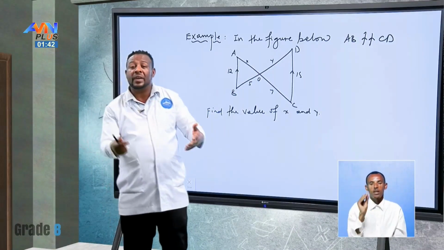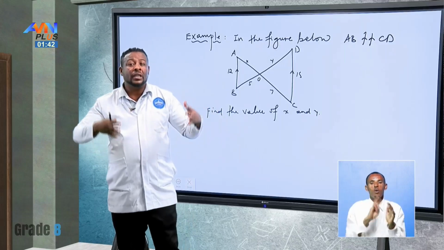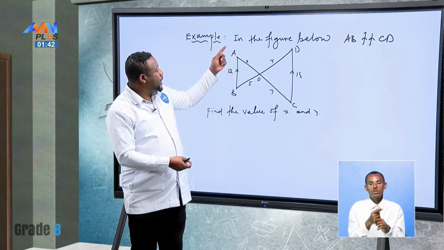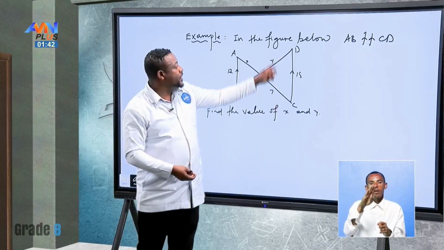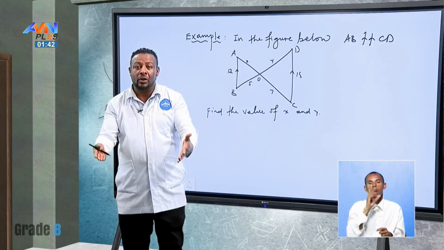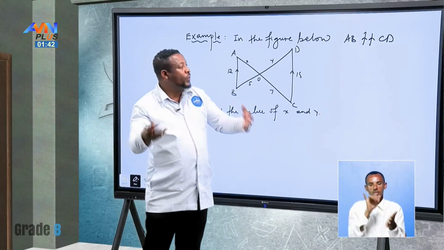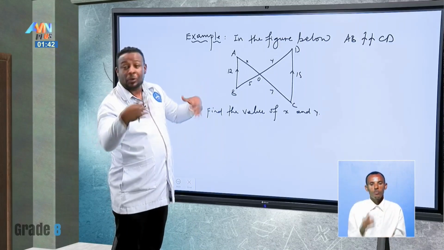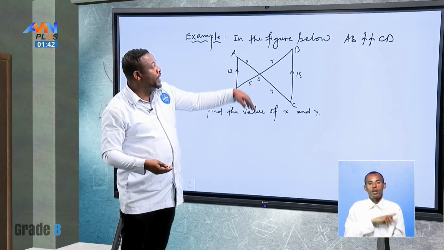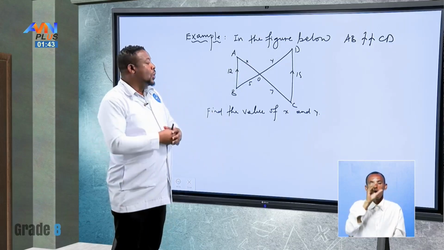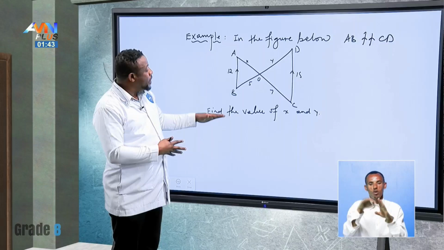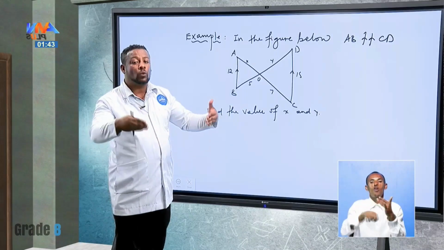So here we have a certain figure in this form where AB is parallel to CD. And in our previous example, we have seen a certain fact, and we have proved that triangle ABO and CDO are similar. Okay, we have seen that proving. So we know some properties of triangle ABO and CDO, right? So having that information in your mind, find the value of X and Y here.